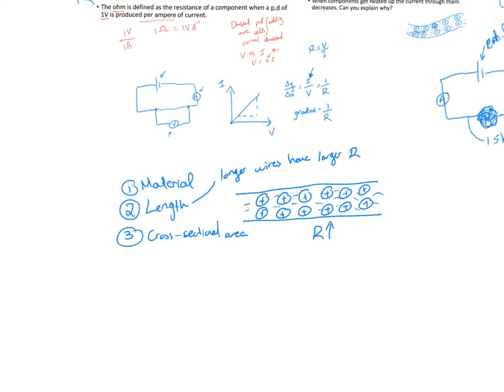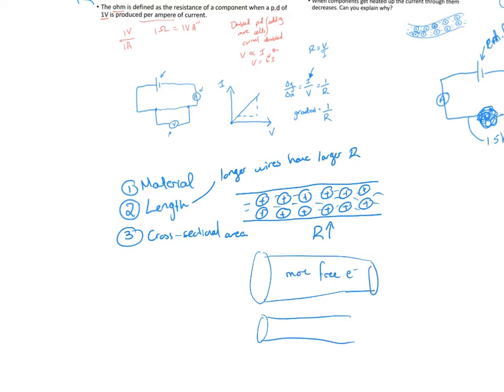So if you increase the cross-sectional area compared to a smaller area of the wire, you have more free electrons, assuming that the length of the wire remains the same. So you have more free charge carriers. So the bigger the cross-sectional area, the lower the resistance.